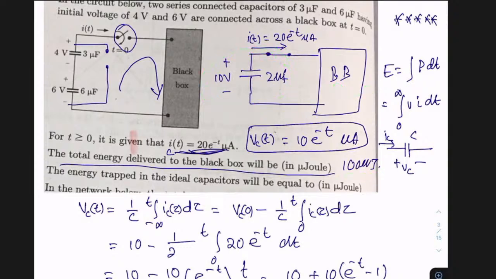So the initial energy of this capacitor minus 100 microjoule is the energy trapped in the ideal capacitors.